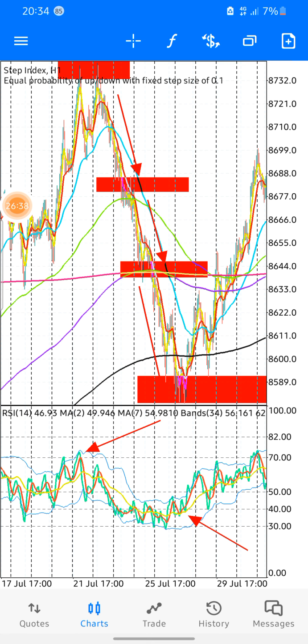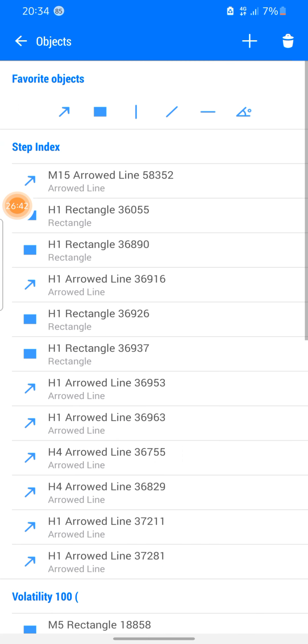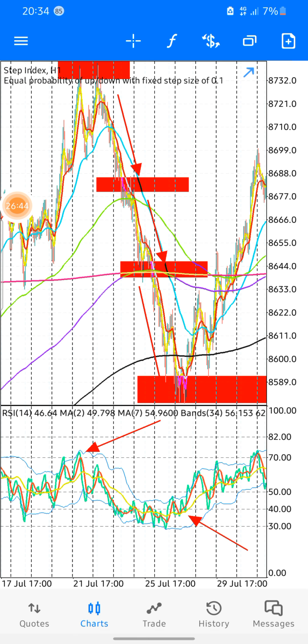So if price managed to bounce on this MBL, like where I've pointed there, especially at level 40, if it is the second leg, you are being signaled to take your trades.